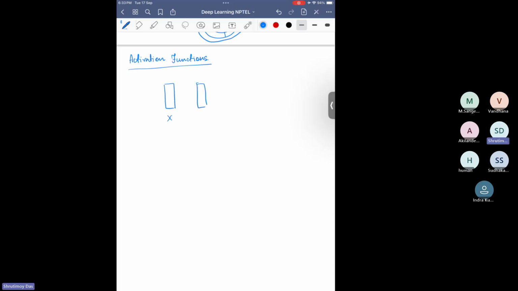I have some hidden layers here, H1, H2, H3, and then some Y. And suppose there are no nonlinear functions, and by that I mean we just have some weights here. We have some weight W1 here, weights W2 here, W3 here, and some weight W4 here.